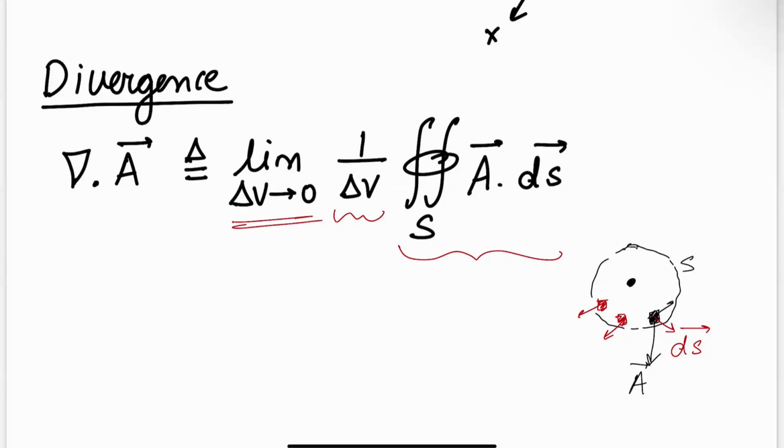And that tells you how much of this field at this point is diverging away from this point, right? So that's the idea behind divergence. And it's a very useful quantity, as we'll see. It gives you some idea of what is inside the ball, basically. That's what divergence means in some sense.